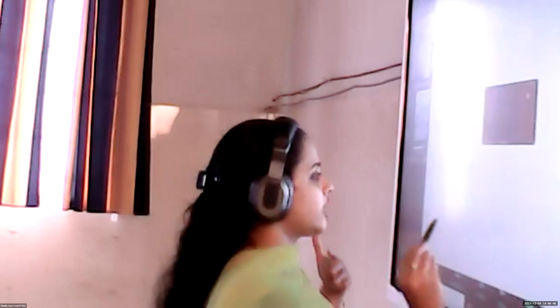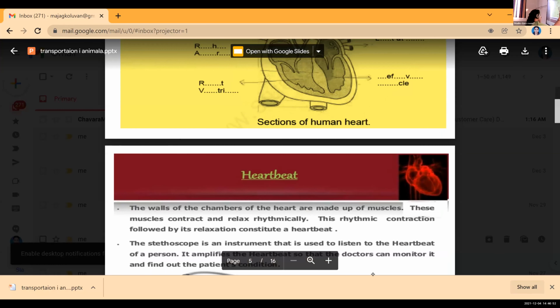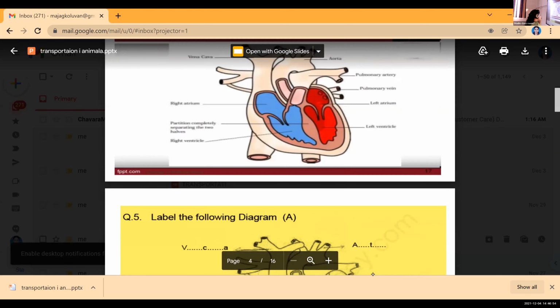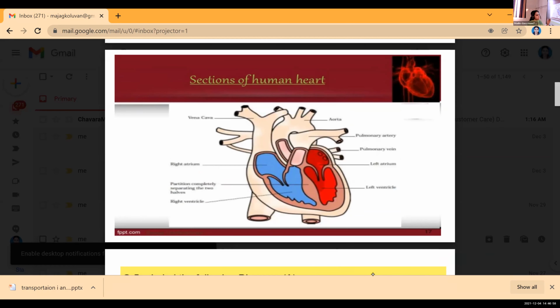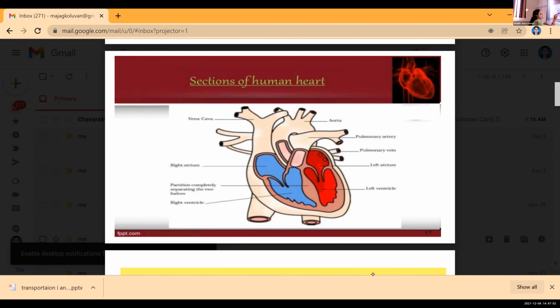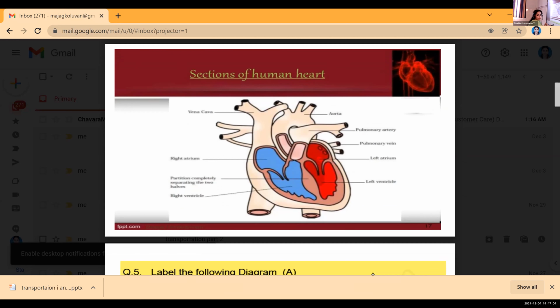Let us share the screen once again. We can see the image of the heart. It consists of mainly 4 chambers, 2 upper chambers and 2 lower chambers. These 4 chambers are separated by walls that are made up of muscles.